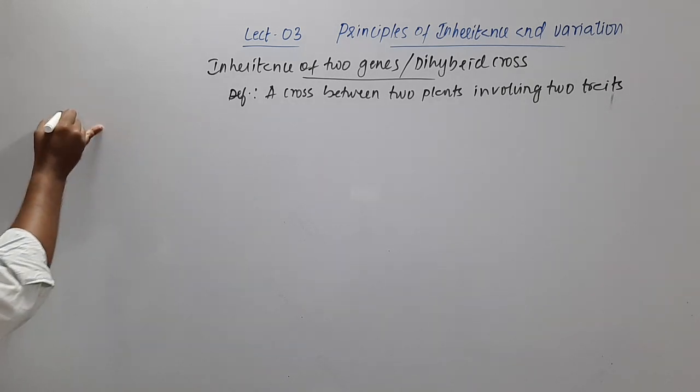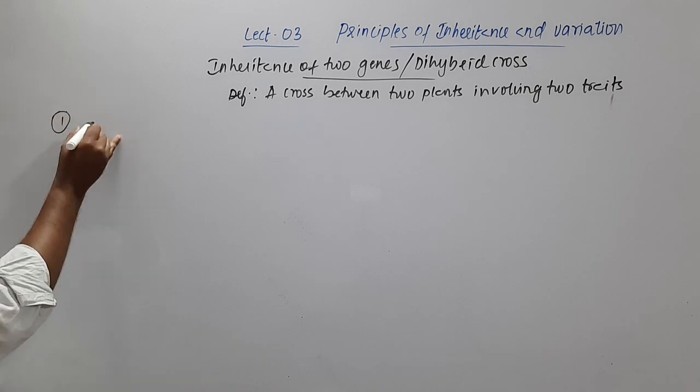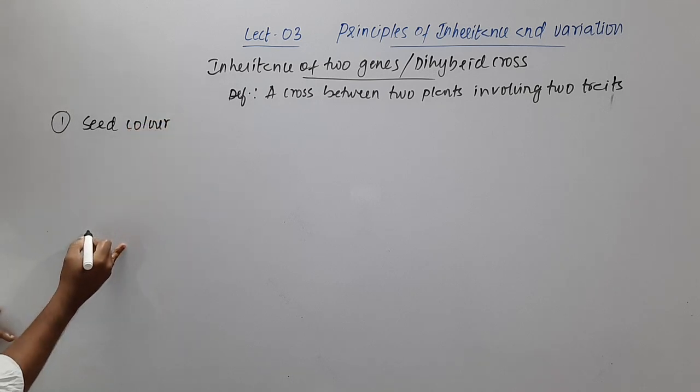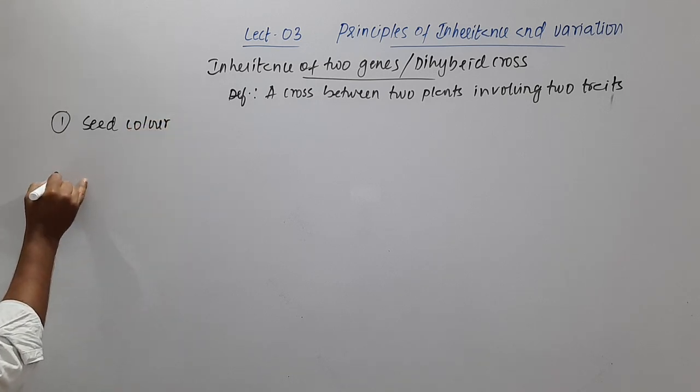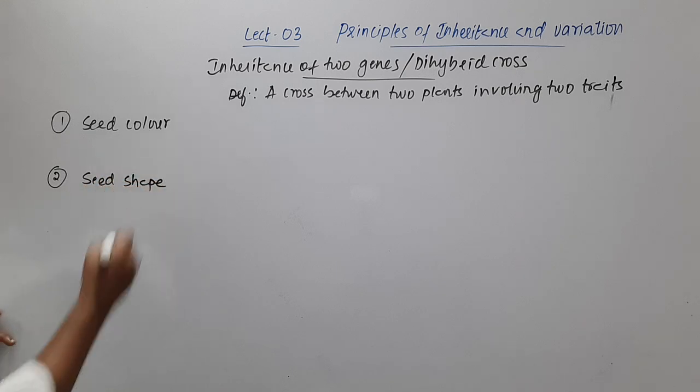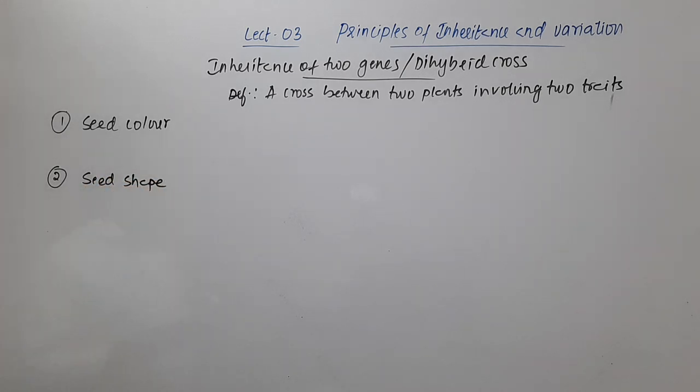So one is seed color. This is one trait he considered. Then another one, seed shape. So seed color and seed shape are the two traits that Mendel considered.